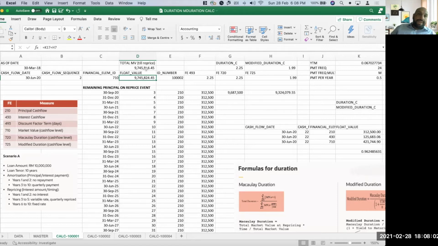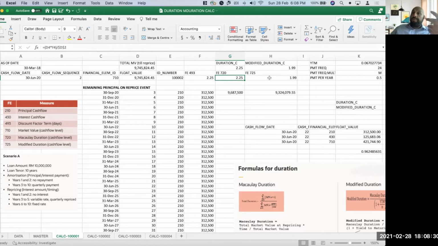In this case, the total market value that is getting repriced and the total market value are the same, as you can see here. We've gone through that calculation and determined that the duration is 2.25. So you can see even for a 10-year loan, because the repricing event happened at the second year point, the duration moves towards that 2-year point.